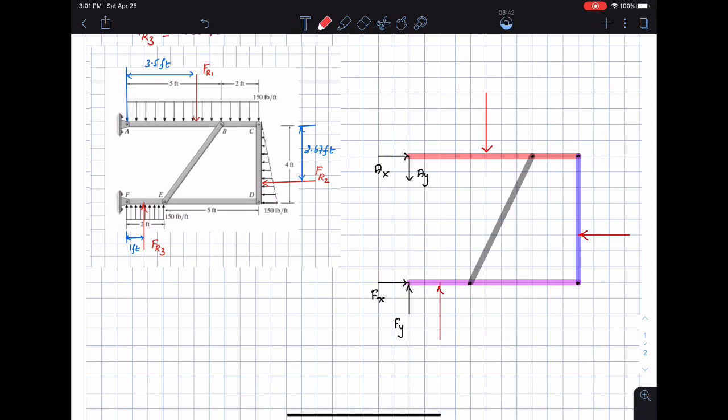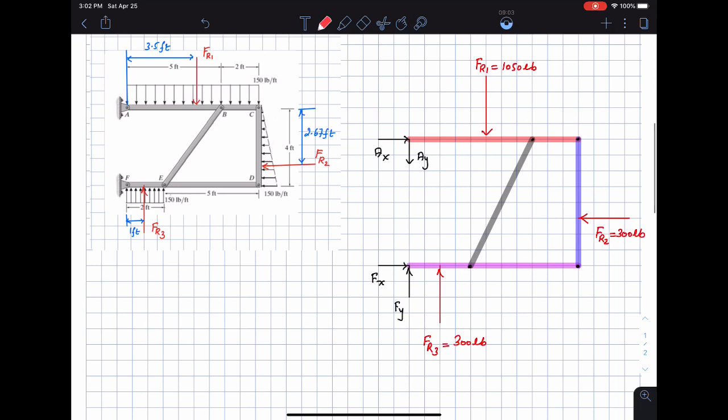So FR1 is 1050 pounds from before. FR2 is 300 pounds, and FR3 is also 300 pounds. These are the equivalent forces, and then we need to have the distances as such.